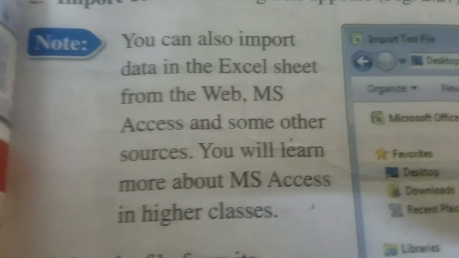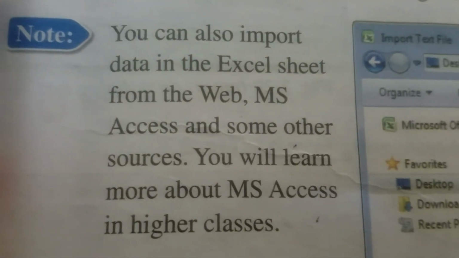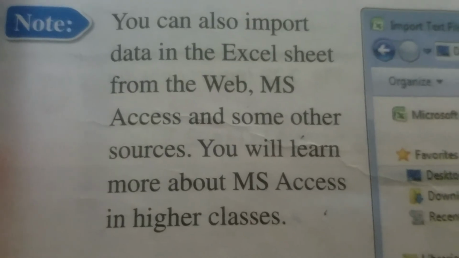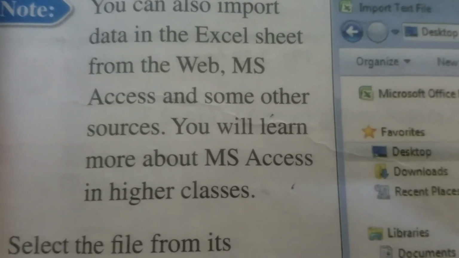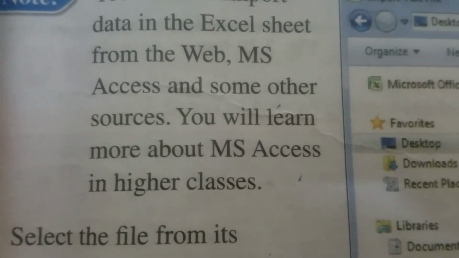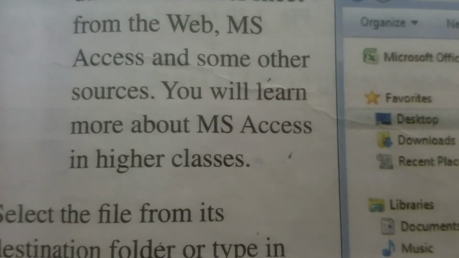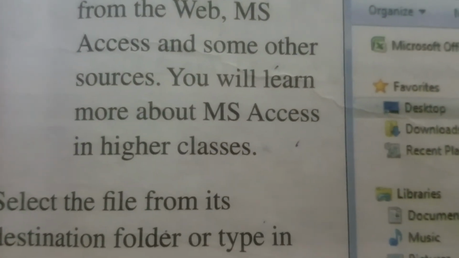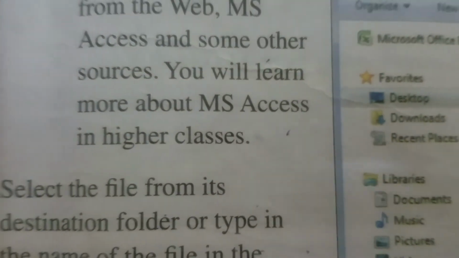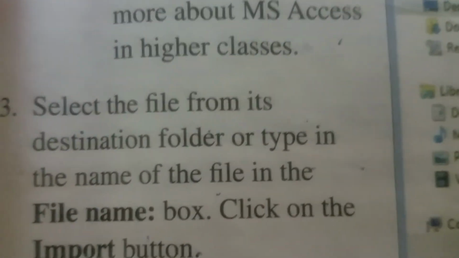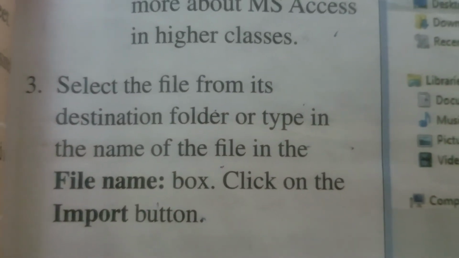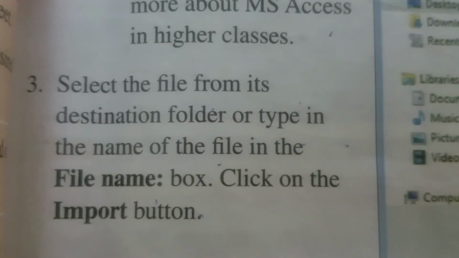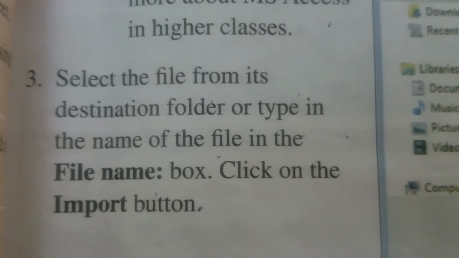Note, you can also import data into the Excel sheet from the web, from the internet, from SQL, from MS Access and any other source. You will learn more about MS Access in higher classes. Then select the file from its destination folder or type the name of the file in the file box.